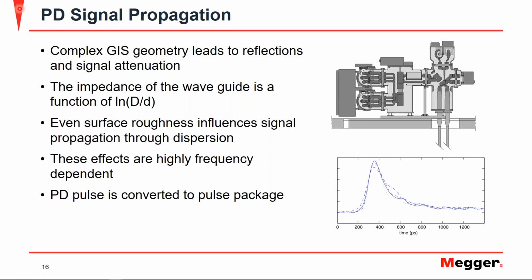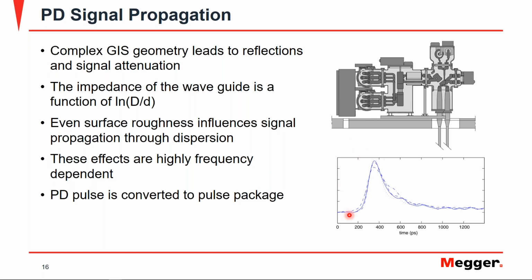Also, as the PD takes place, the GIS enclosure itself acts as a waveguide, but its impedance is a function of the differing diameters within the GIS system. Even things such as surface roughness can influence the signal propagation through high frequency effects such as dispersion. All of these effects, as I mentioned, are highly frequency dependent.